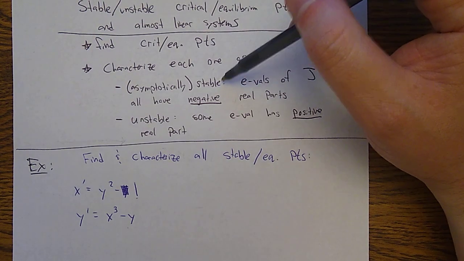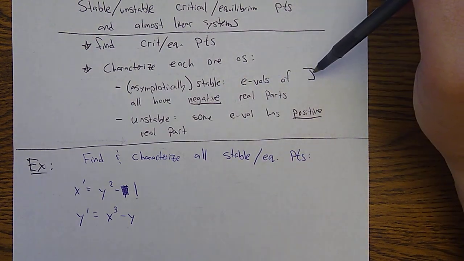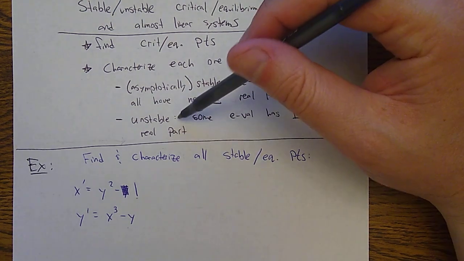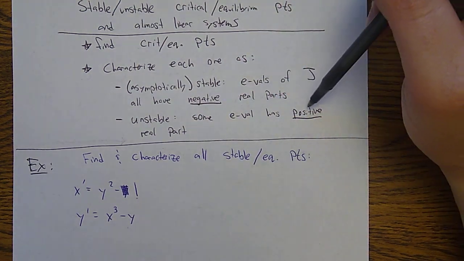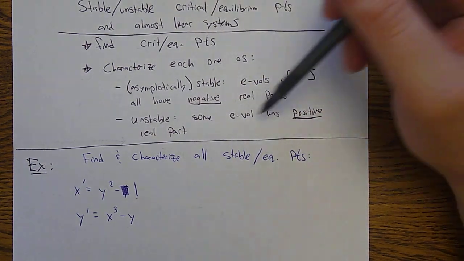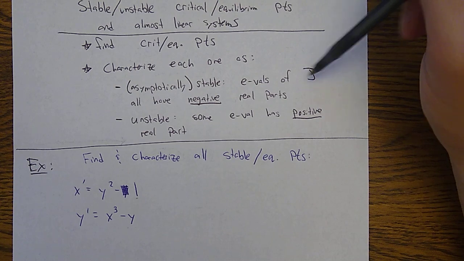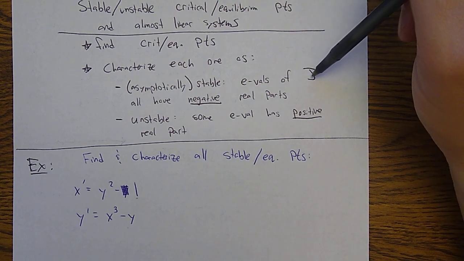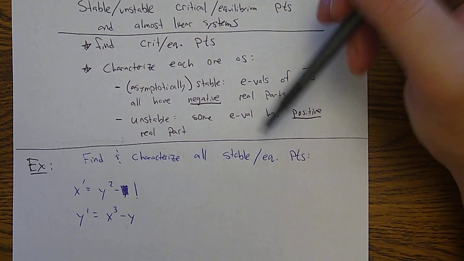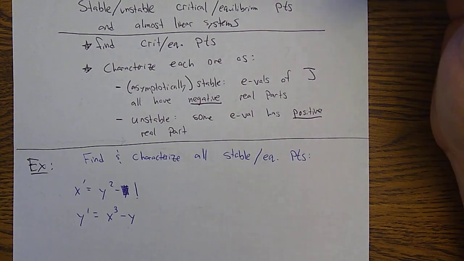So stable just means that all the eigenvalues of the Jacobian have negative real parts. Unstable means that one of them has a positive real part. We did talk about what happens if the eigenvalues have real part exactly zero, then this test is inconclusive.